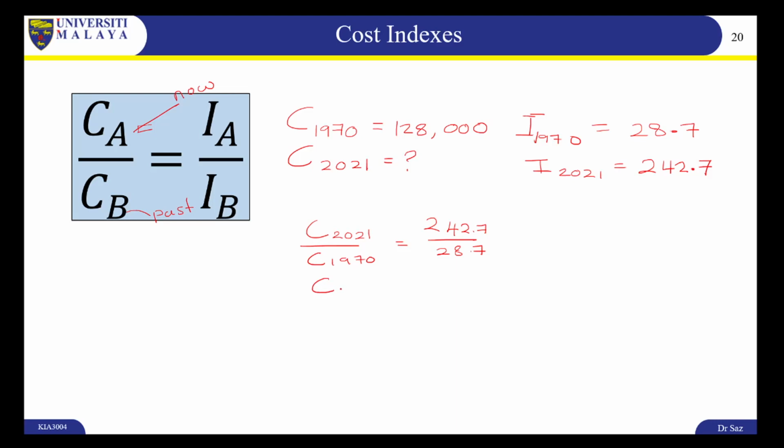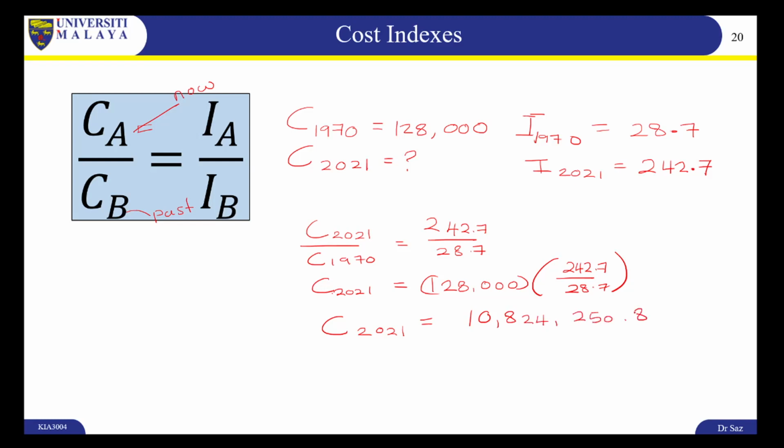Or C2021 is equal to 128,000 multiplied by 242.7 over 28.7. Calculating this with your calculator, you should get this number, which is 10,824,250 and 87 cents.